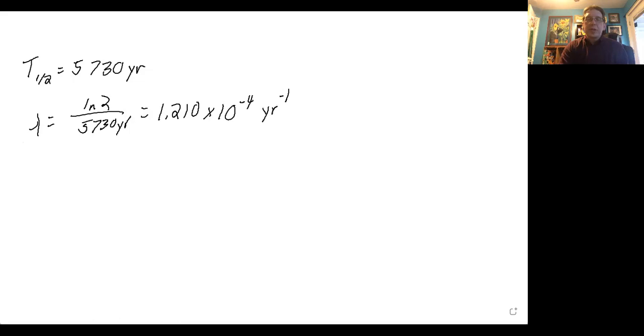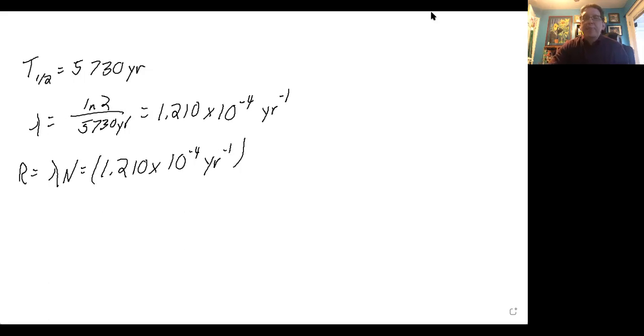And so we're asked, what is the activity of a sample that contains 8.1 times 10 to the 20 nuclei? So R is equal to lambda N, which is 1.210 times 10 to the negative 4 inverse years multiplied by 8.1 times 10 to the 20.